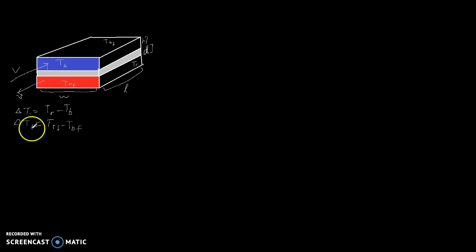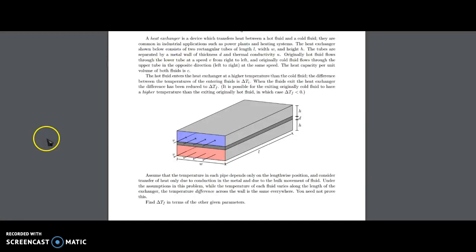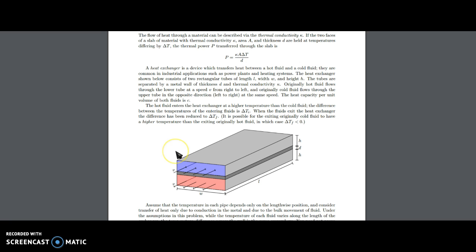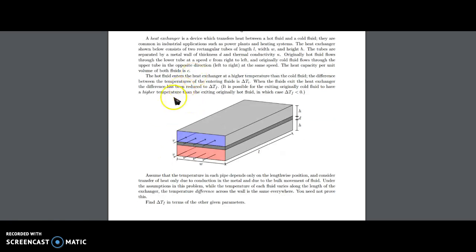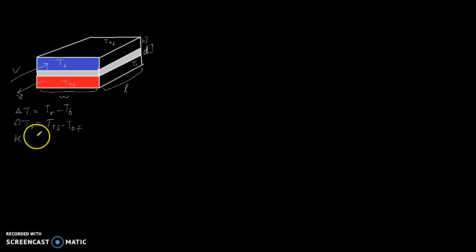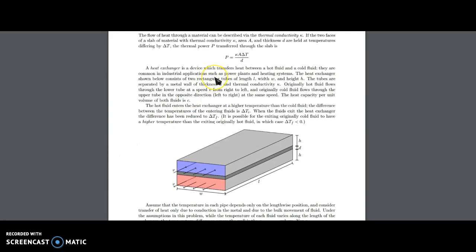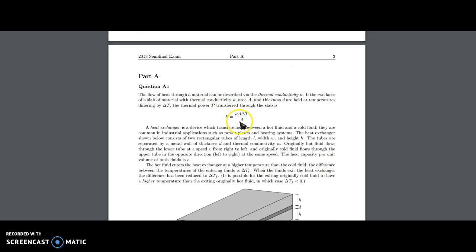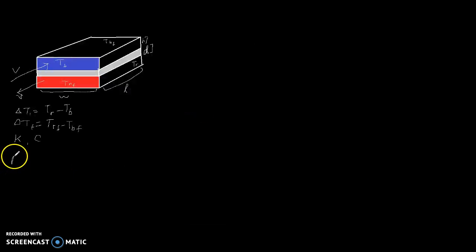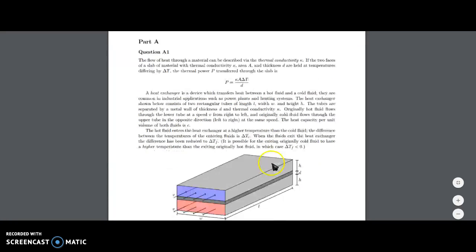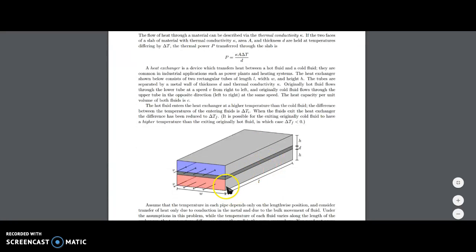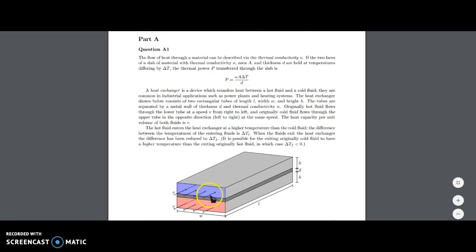We're also given the constant of thermal conductivity, K. We're given also the heat capacity, C. Alright, so the first step, and I don't want to miss this one, they also give an equation for power, which is the power when transferring energy from one slab to the other.